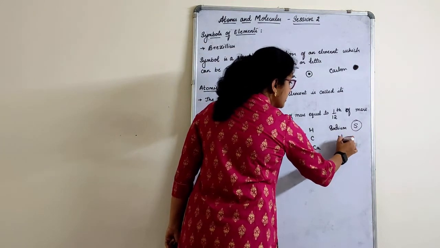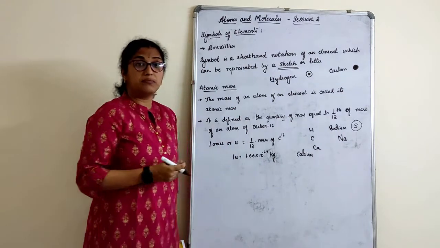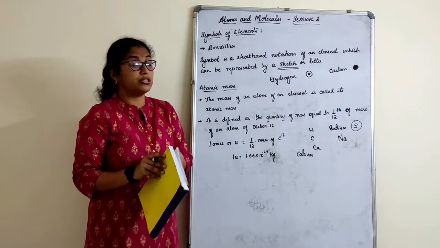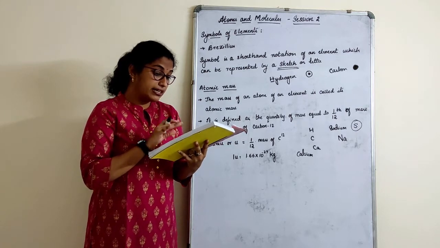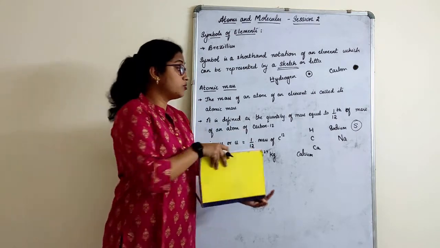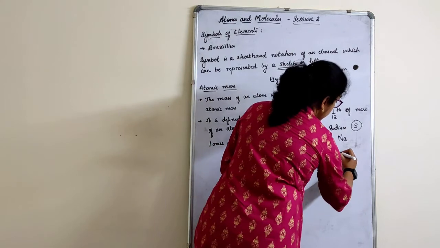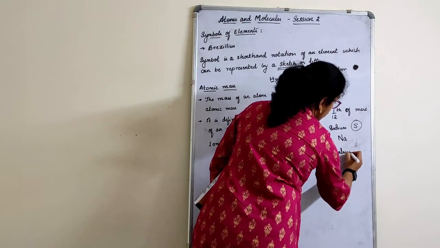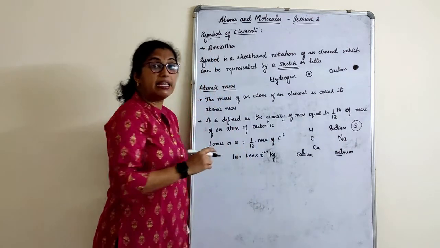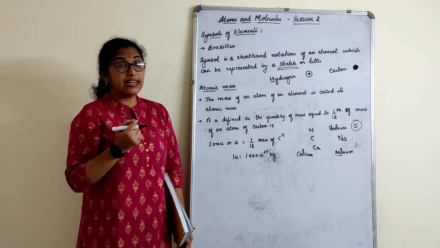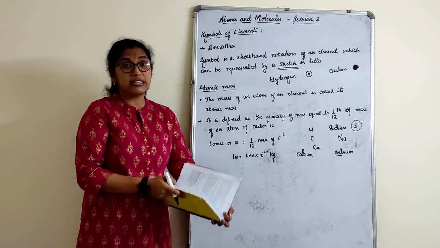But where are the N and A in sodium? Sodium in Latin is called natrium, so the first two letters are N and A. So we use Latin names for certain elements.